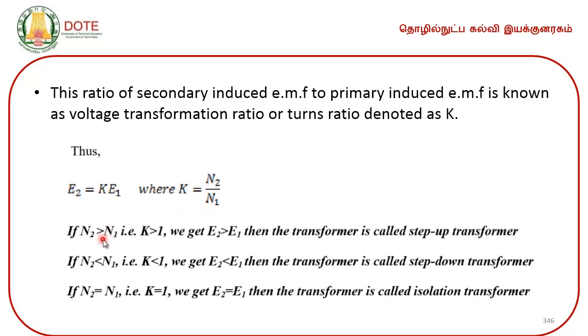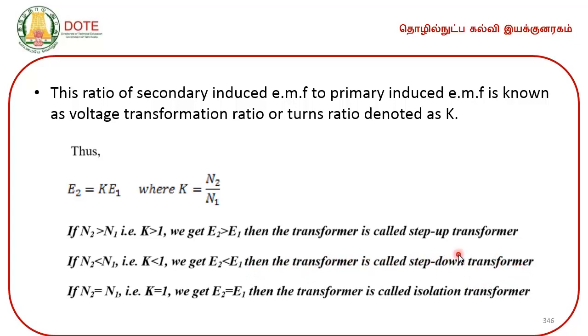If N2 is greater than N1, that is K is greater than 1, we get E2 greater than E1, then the transformer is called a step up transformer. If N2 is less than N1, K is less than 1, we get E2 less than E1, then the transformer is called a step down transformer.